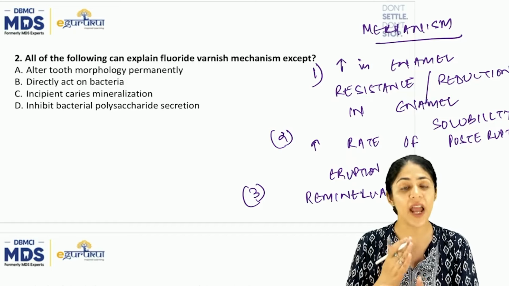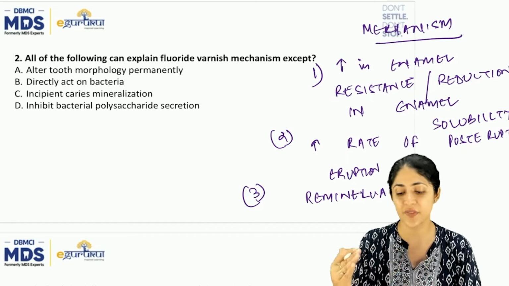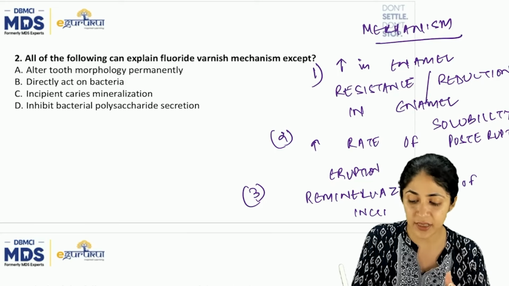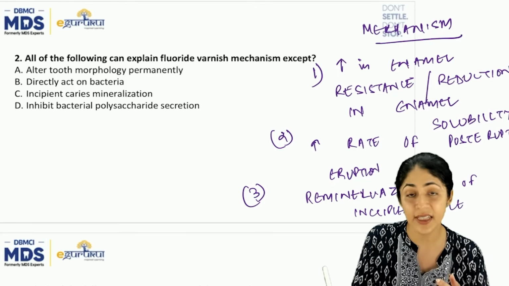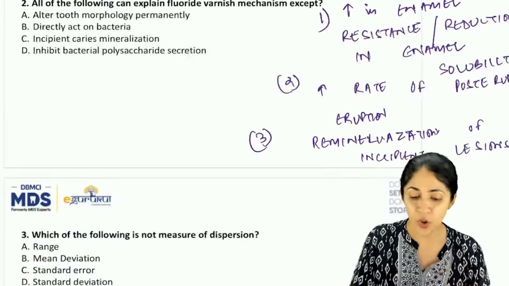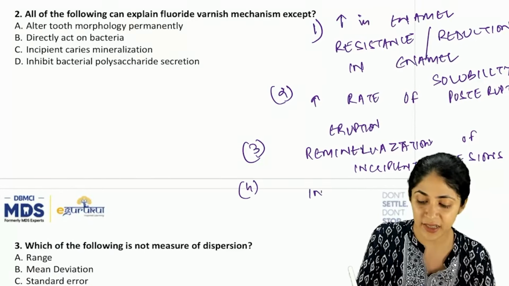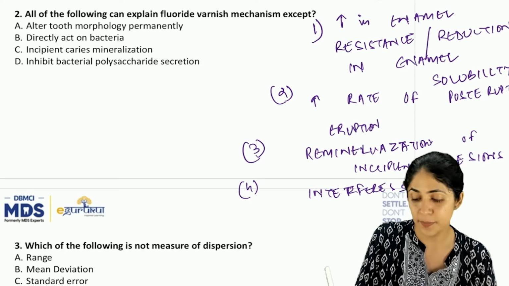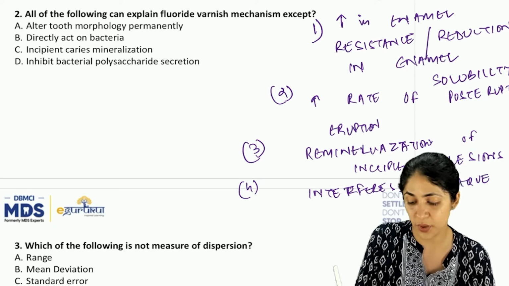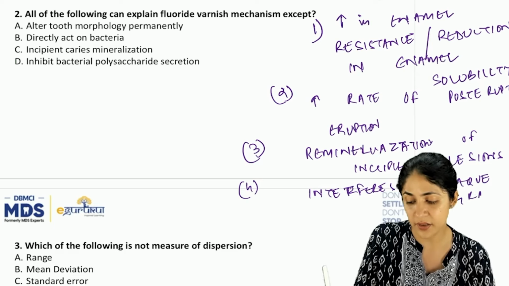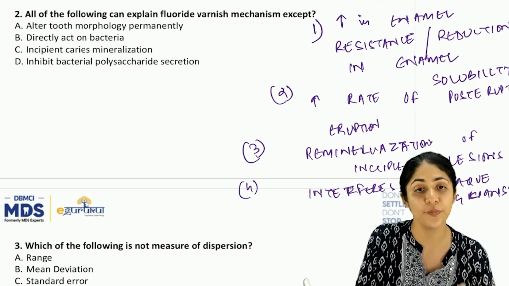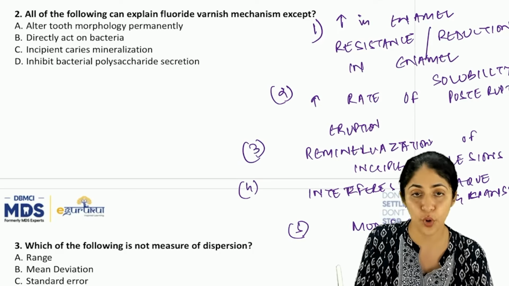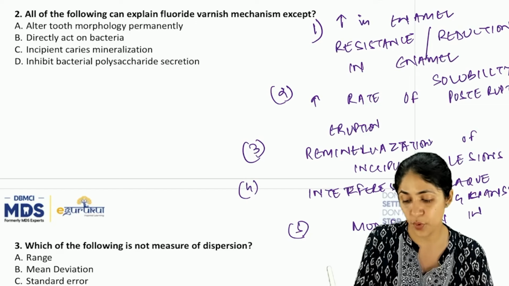But these days we study a lot on remineralizing agents, and fluoride has the ability to remineralize the incipient lesions. Also, it interferes with the plaque microorganisms, the microorganisms related to formation of plaque. Also it leads to modification in tooth morphology.